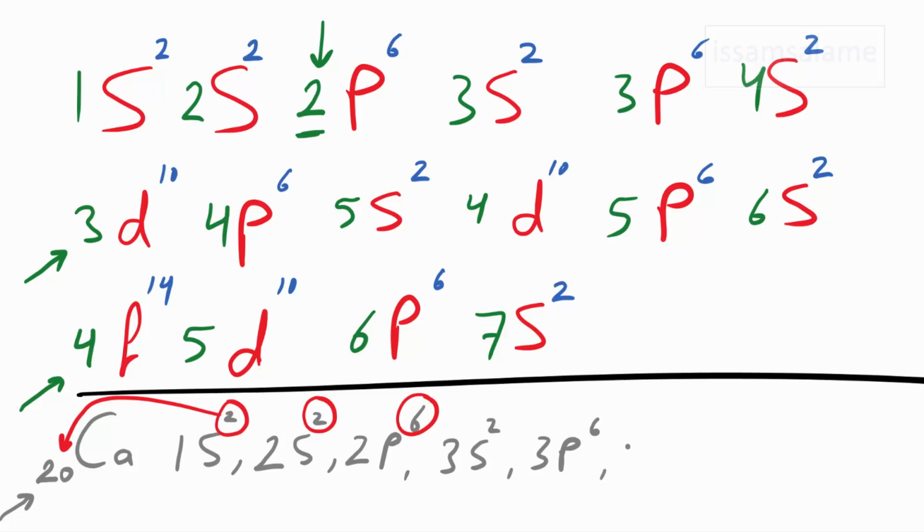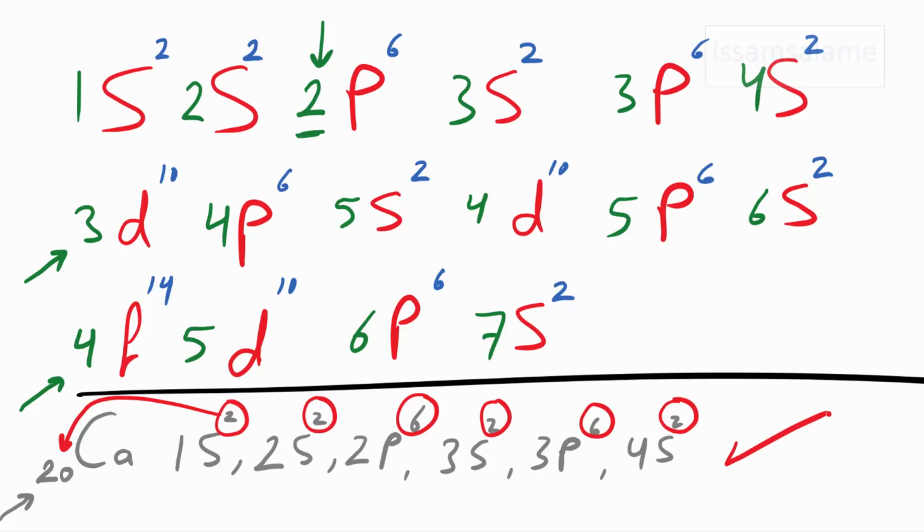Now 4s2. If you count the electrons, you can see that now we get 20 and we have to stop. And this is what we call the electronic configuration for calcium.